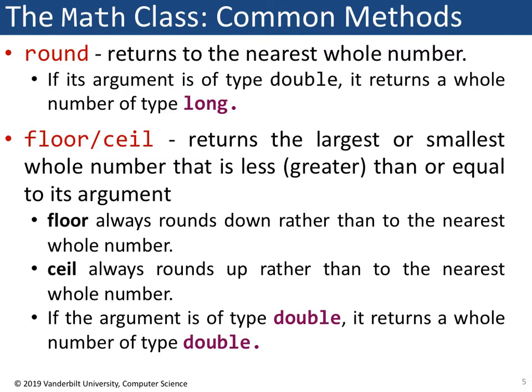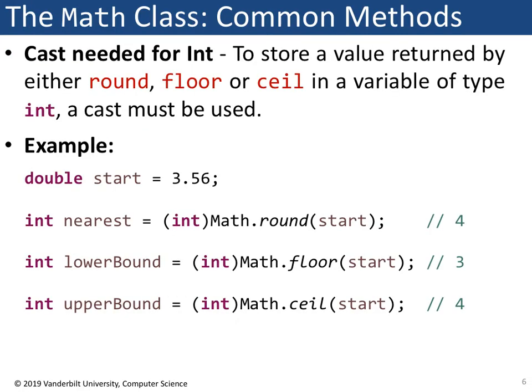Because round is going to return a type long if it is given a type double. In all the discussed methods, round, floor, and ceil, none of them return integers in the case where a double is provided. So ceil and floor both produce double output, and round produces a long output when given a double.